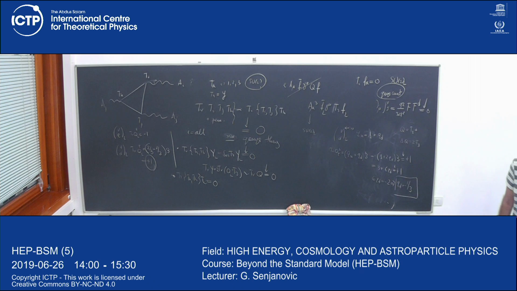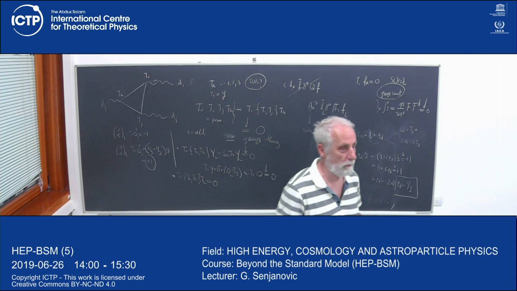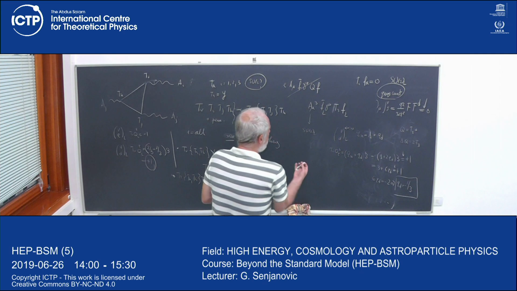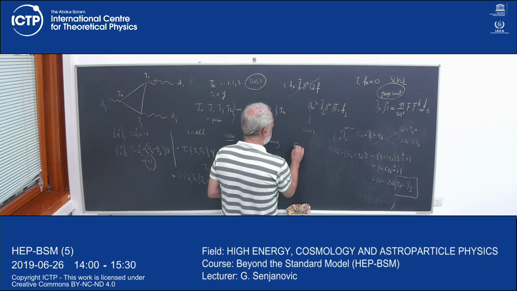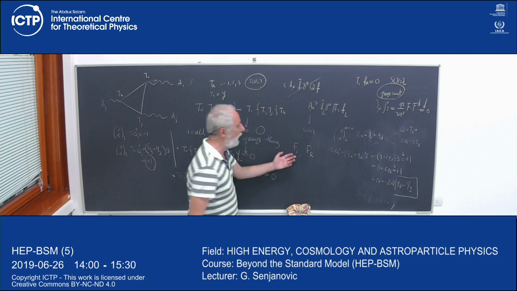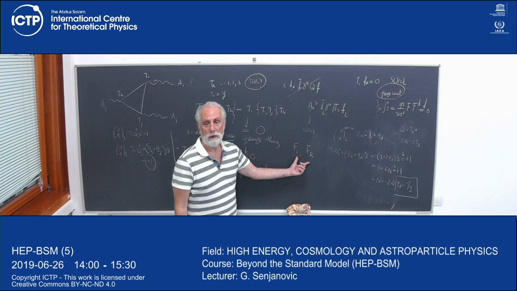Okay. Now, two things. First, it doesn't predict charge quantization of all particles in the world. It predicts the charge quantization of the families. For example, I can immediately add a fermion. Let me add a new fermion FL and FR, which is a singlet.